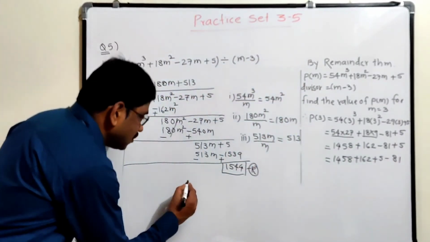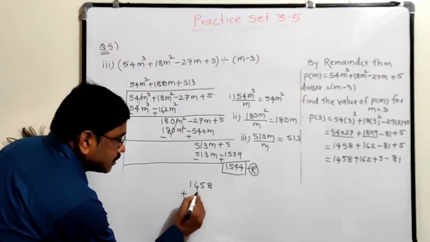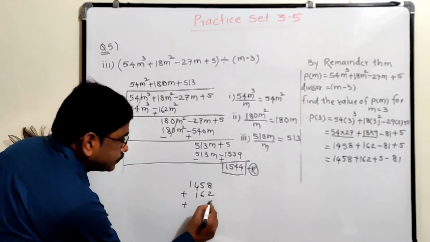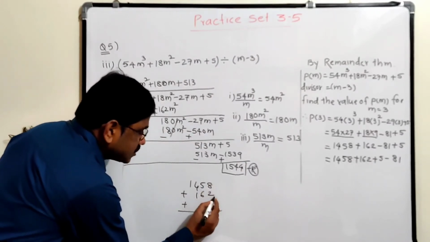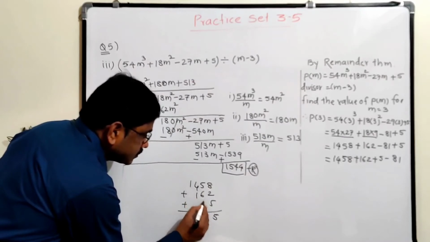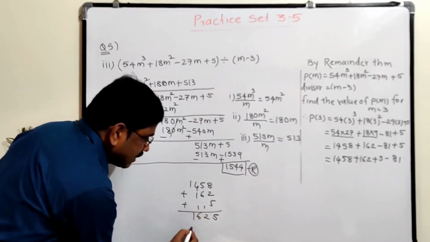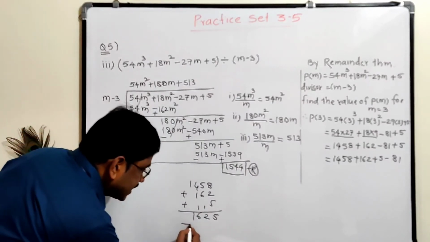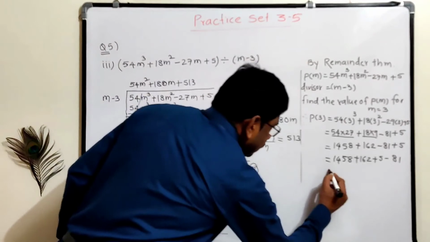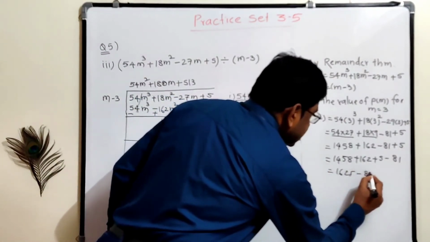So let us add here. See, 1458 plus 162 plus 5. 8 plus 2 is 10, 10 plus 5 is 15, and so on, and we get 1625. Minus this 81. So we get 1625 minus 81.